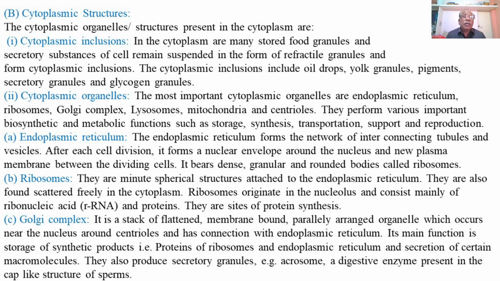Then thirdly, the Golgi complex, the third type of cell organelle. It is a stack of flattened, membrane-bound, parallelly arranged organelles which occurs near the nucleus around the centrioles and has connection with the endoplasmic reticulum, and its main function is storage of synthetic products, that is proteins from the ribosomes and rough endoplasmic reticulum, and the secretion of certain macromolecules.